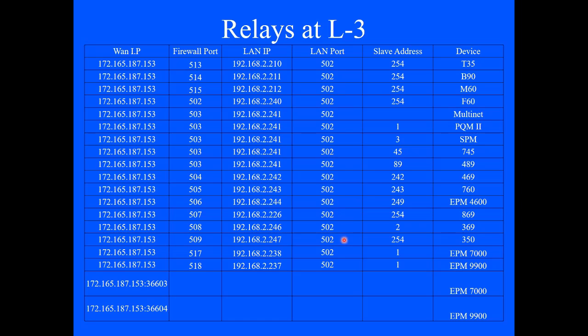I'm using port 502 on the LAN side, and for a multi-LAN relay you may also need to know the slave address. So you can come in to the WAN IP, through the firewall port, with the slave address, and it automatically redirects you to that relay. If you want to play with our relays, give me a call. I'll make sure you can get through and talk to it.